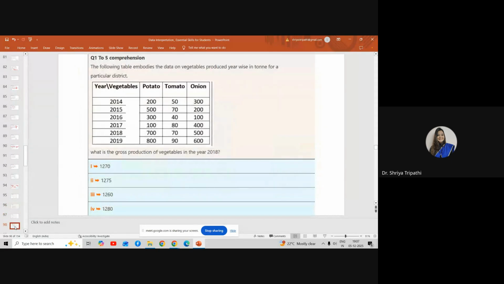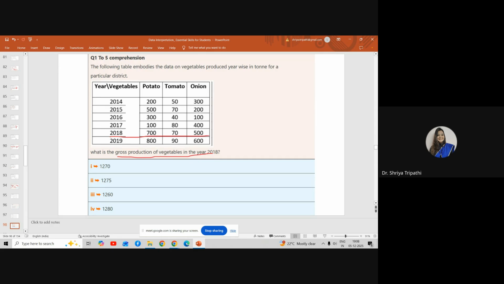Okay. The following table embodies the data. What is the gross production of vegetables in the year 2015? Gross production of vegetables. 2018.